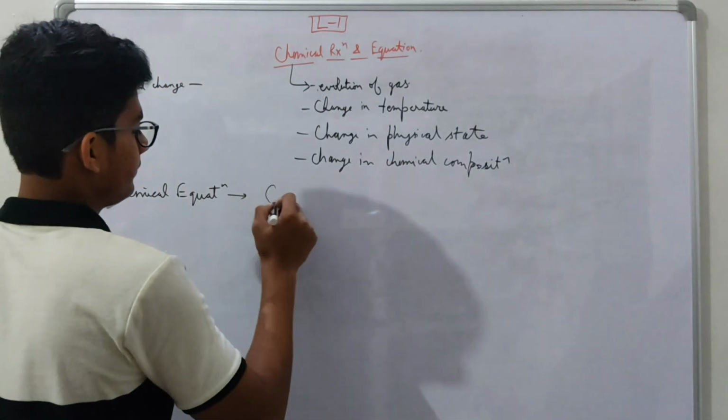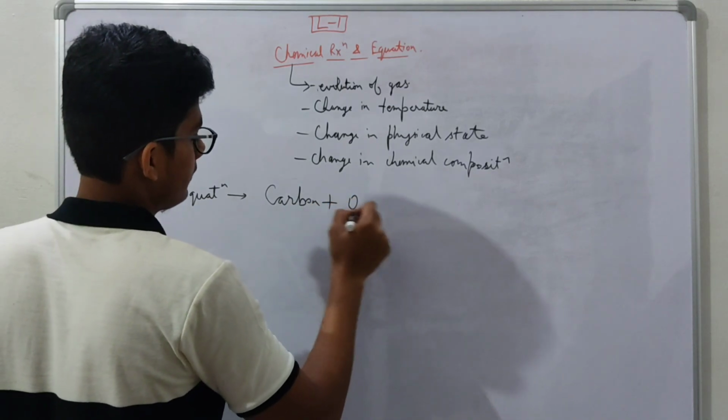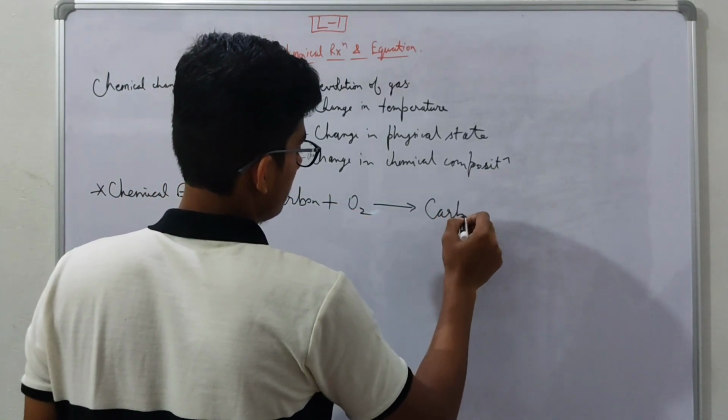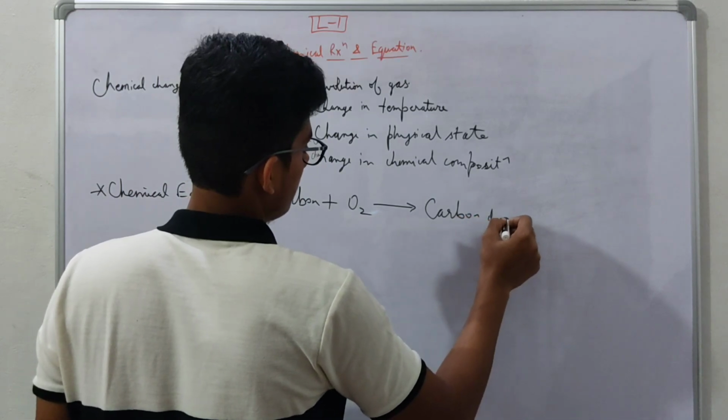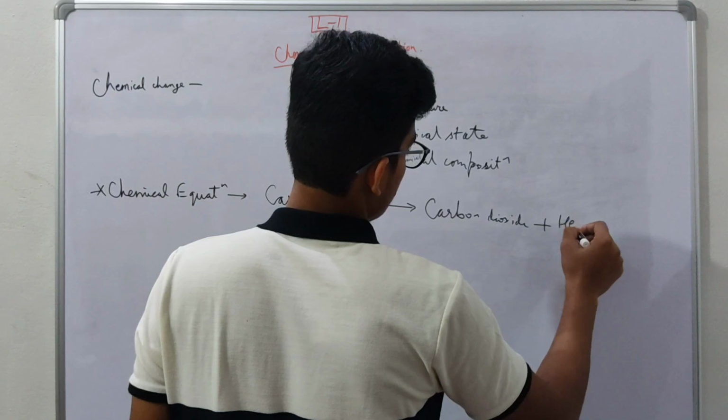Example: we know that if carbon is burned with oxygen, it produces carbon dioxide and gives some heat.